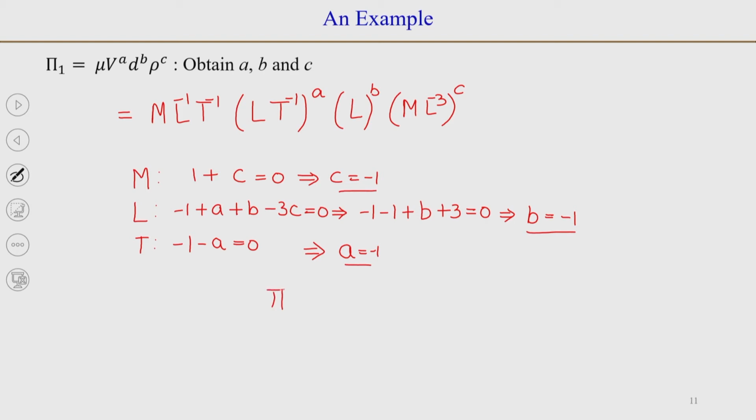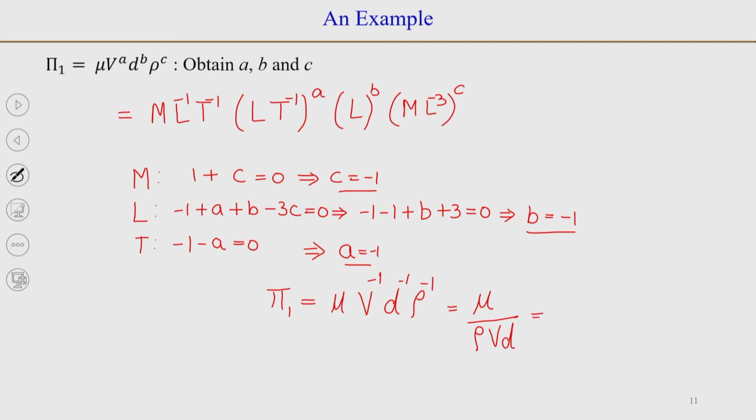So, our first dimensionless group is pi 1 is equal to mu v raised to the power minus 1, d raised to the power minus 1, and rho raised to the power minus 1, or in simplified form, mu over rho v d.